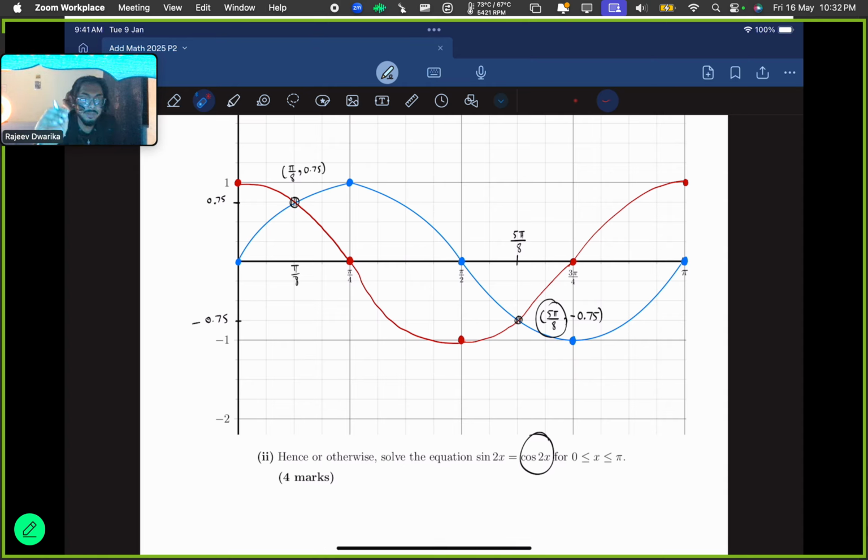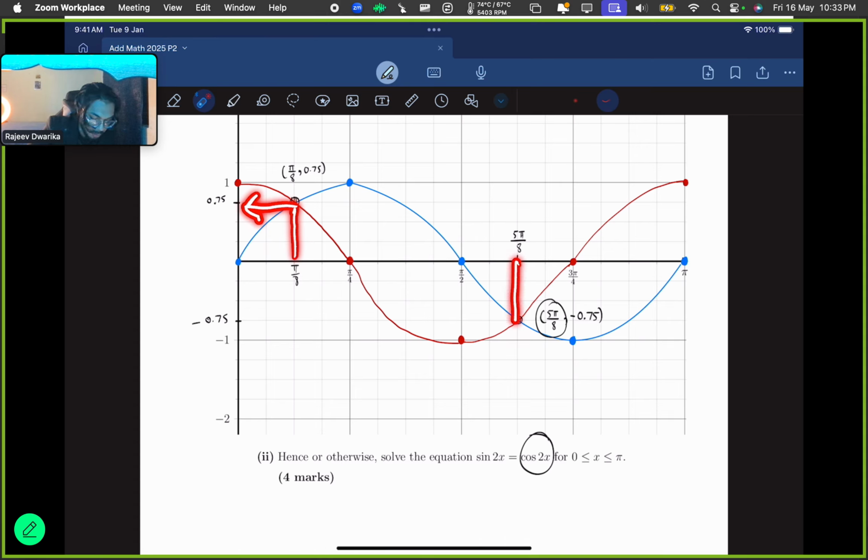What I want you to realize is going to make so much sense, it's going to blow your mind. This is a sketch, so obviously it wouldn't be 100% correct. When x is pi over 8, it looks like 0.75, but it's really supposed to be root 2 over 2, which is 0.71, if you take a really good reading.